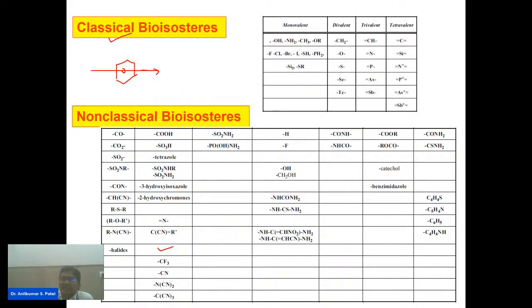So the benzene ring is replaced with a pyridine ring as well as another heteroatom-containing ring. In the non-classical approach, the biological activity remains the same, just changing the structures. So these are the functional groups we can change during non-classical bioisosterism.